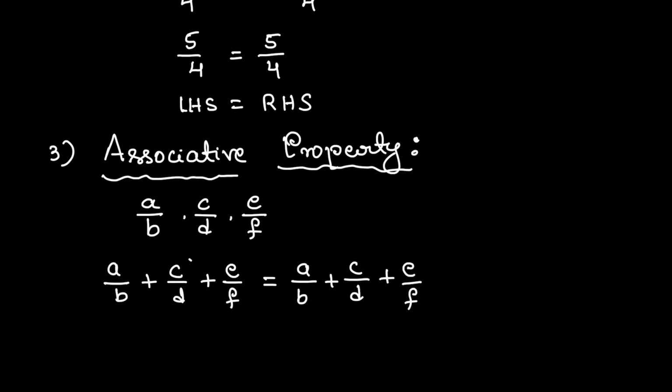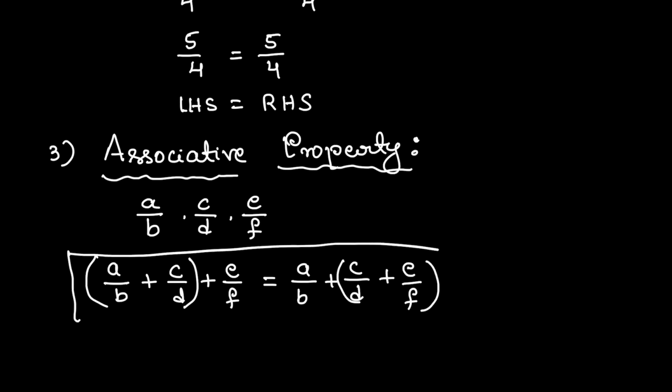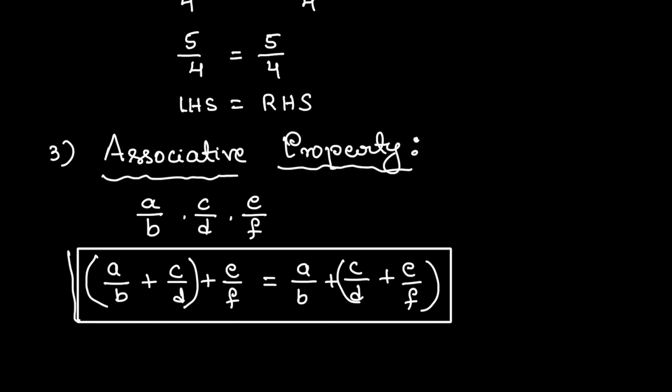Let's group the first two terms and the last two terms. This is the associative property in addition of rational numbers.